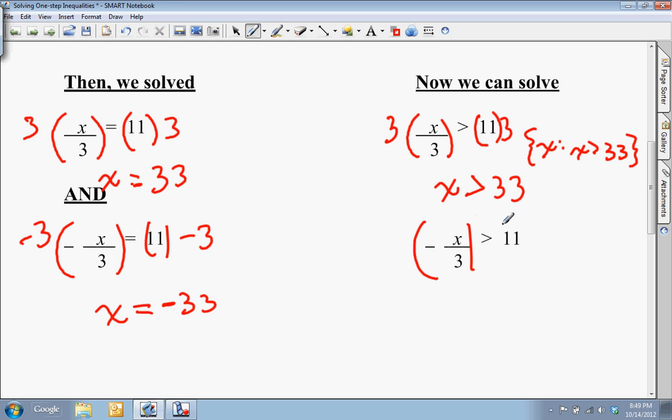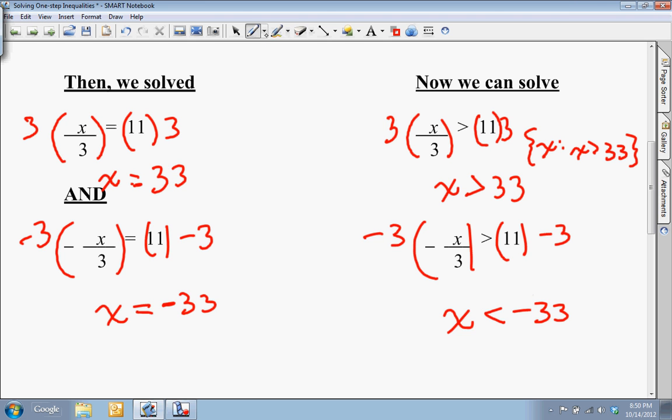However, when we are dealing with an inequality and we multiply or divide by a negative number, and in this case you can see we're multiplying by a negative number, we must flip the inequality. So we're dealing with a problem that was greater than. Our answer will now be x is less than 33.